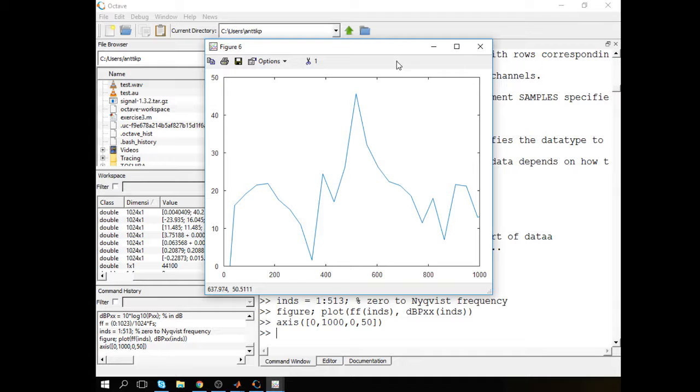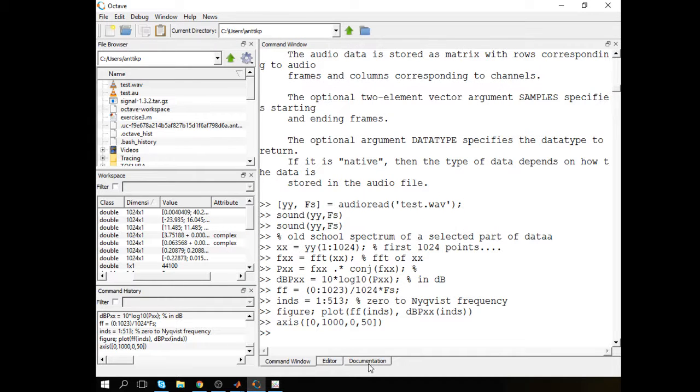Okay, there we go. So, that was a spectral response. The last one is the spectrogram, meaning the whole image of this signal.